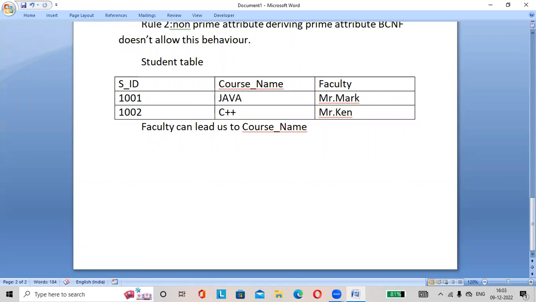Is course name a primary key here? No, ma'am, course ID is primary. Is course name a primary attribute or non-primary attribute in this table? Non-primary only. Course name is a non-prime attribute.